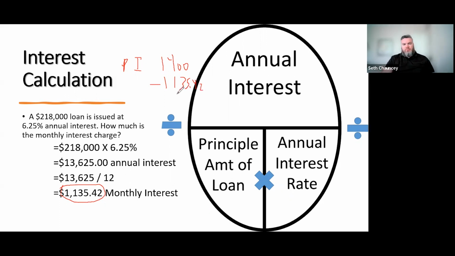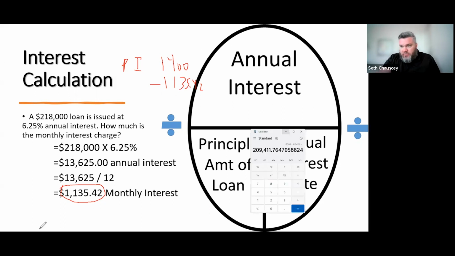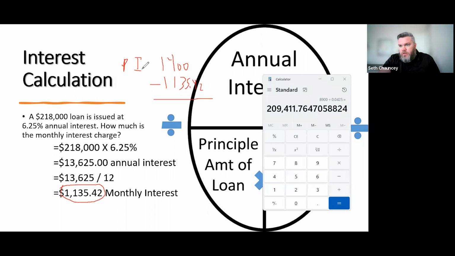That is amortization math. I'll finish this up just because I have it up here and I don't want you to get confused. If the principal and interest payment was $1,400 a month minus 1,130.42 interest, that means that $264.58 would go towards your principal balance.